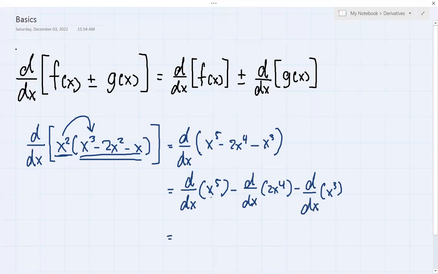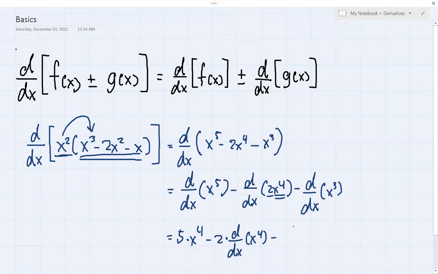X raised to 5, ganun pa rin, power rule. So copy the exponent, copy the given, then the exponent part, subtract mo ng 1. So 5 minus 1 is 4. Minus, ito, meron tayong constant at meron tayong algebraic function na x raised to 4. So magiging 2 times the derivative of x raised to 4.